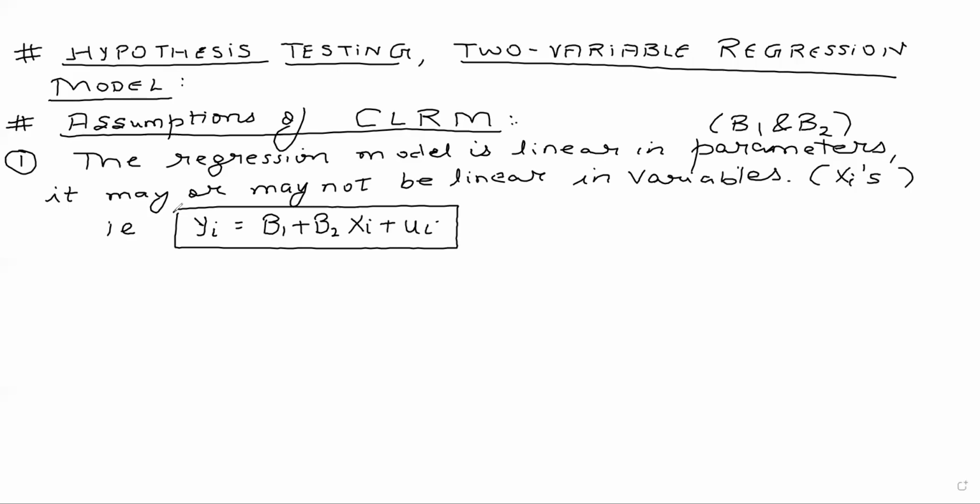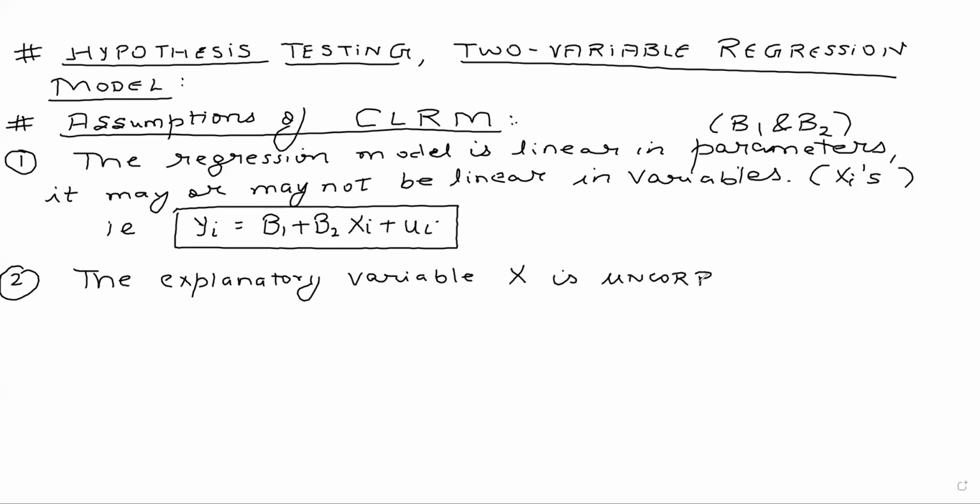The second assumption of classical linear regression model: the explanatory variable X is uncorrelated with the disturbance term u.